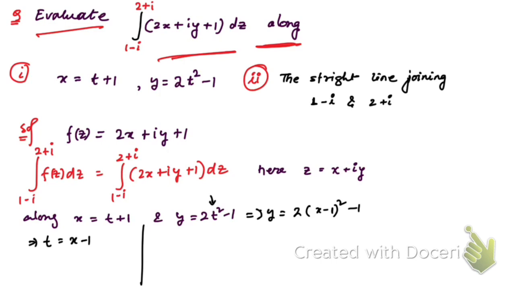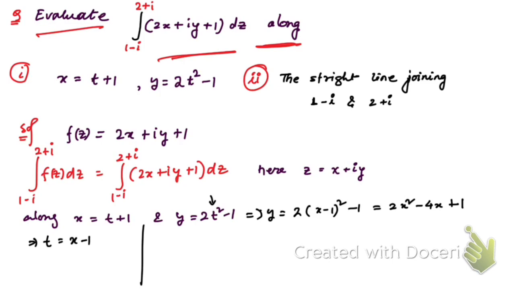And if you simplify this, expanding it using the (a minus b) whole squared formula, then multiplying by 2 and subtracting 1, you're going to have 2x squared minus 4x plus 2 minus 1, and that's going to give you, sorry, that's going to be plus 1.